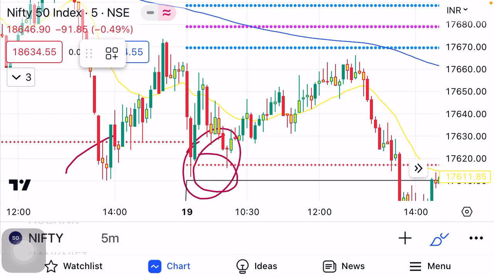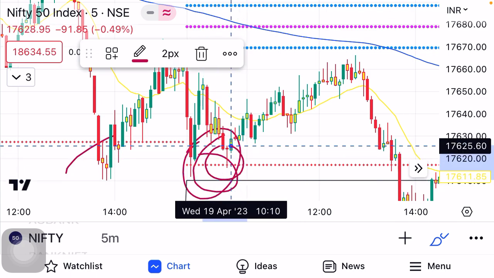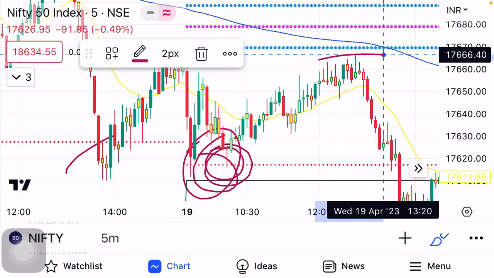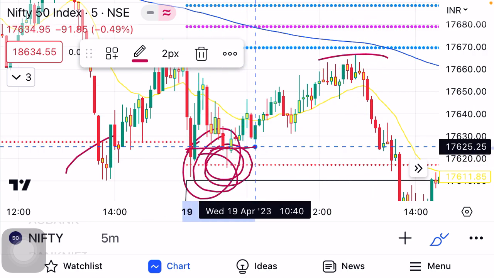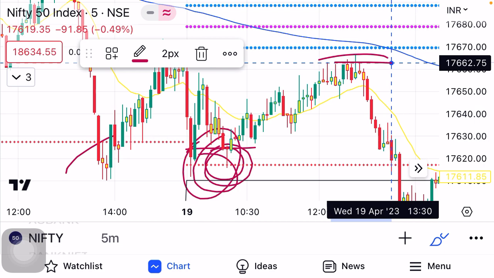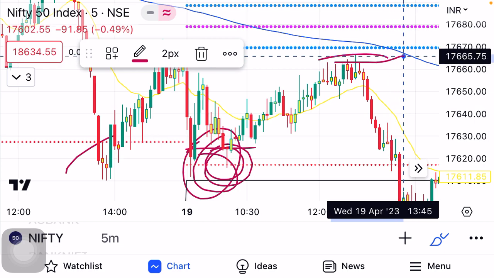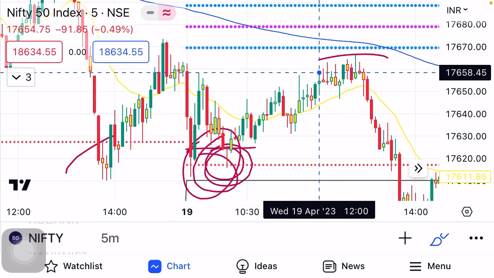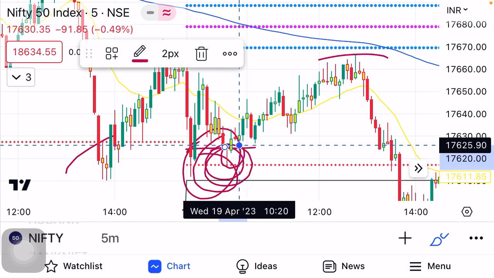If you see this, it is a clear support from this point, and if you take a trade at that point, your target will be from 620 to 666 almost. It's a 40 points movement, but it is a very late movement, so it's up to you to take this trade or not.